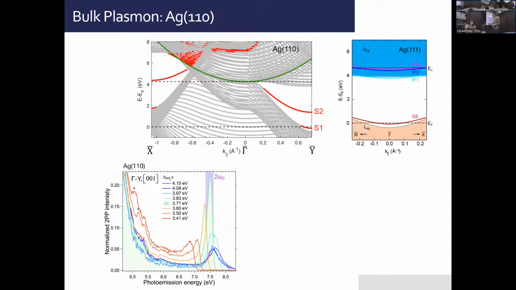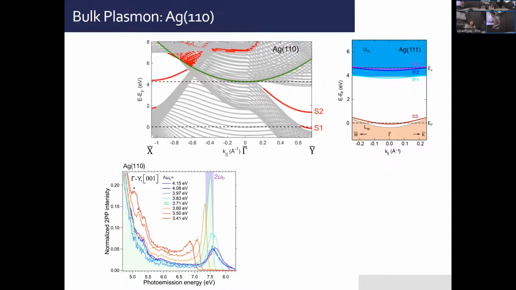So the only feature we can observe here is the Fermi level, the two photon emission from the Fermi level. However, if we increase the photon energy, we will observe an enhancement in this Fermi level signal, and above this, the bulk plasma energy excitation.